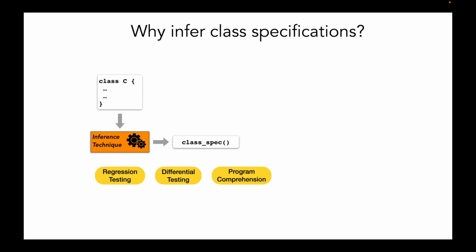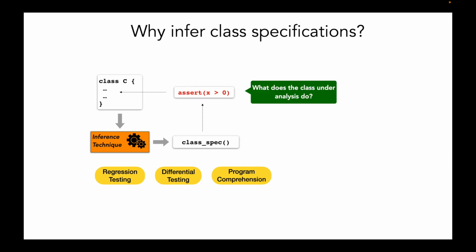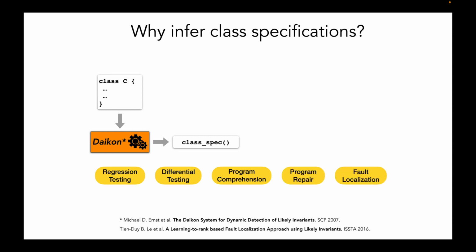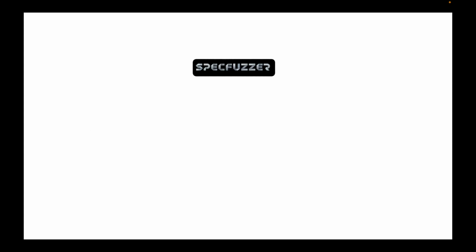In the context of program comprehension, they can be used to inspect what the class under analysis does. Moreover, Daikon, a well-known tool for inferring specifications, has enabled a number of applications, including program repair and fault localization. In this tool demo, we present SpecFuzzer, our tool for automatically inferring class specifications.